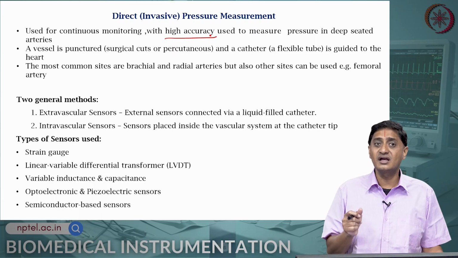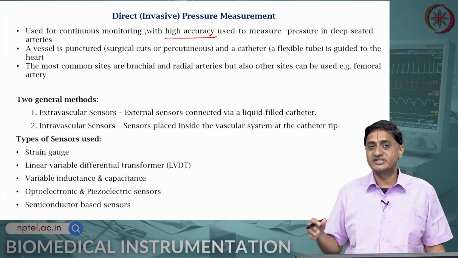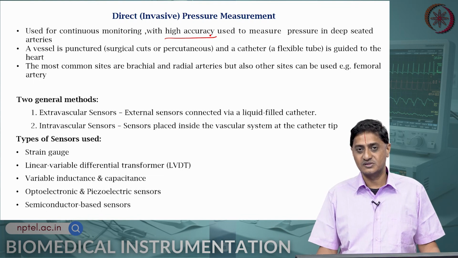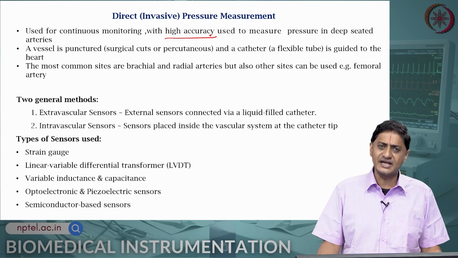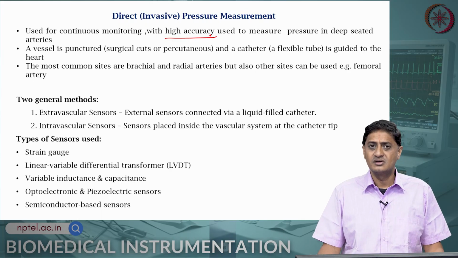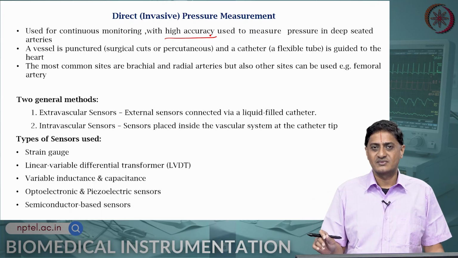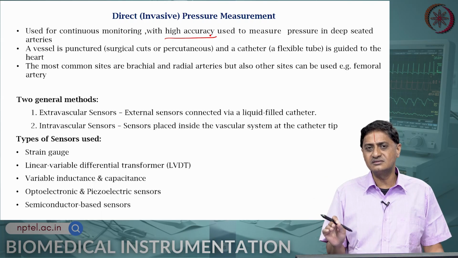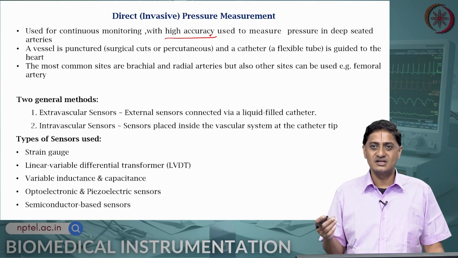So, it is not like I am getting the pressure value a few seconds after the change. You get near real time responses, and this is used to measure pressure in deep arteries. How do you send the catheter to those places? Image guidance. You use image guidance.